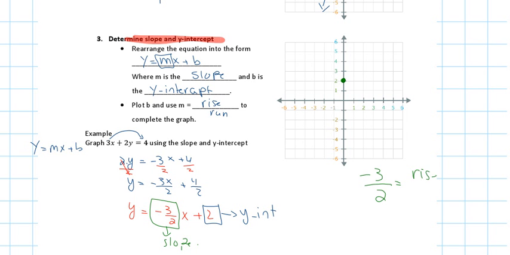So that means I'm rising by negative 3, which means I'm going down by 3, and over by 2. That's what it means. So, starting with the y-intercept, I'm going to go down 3 and over 2. So that would be where my next point is.